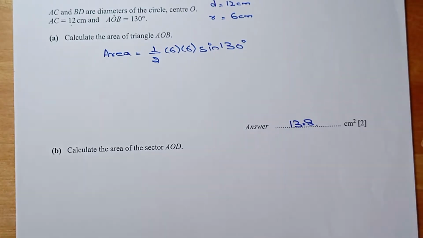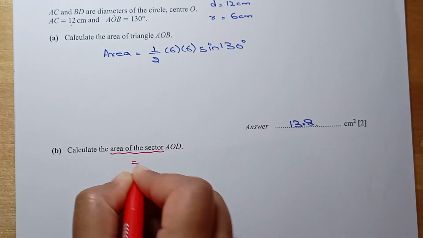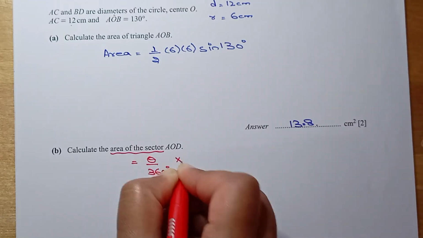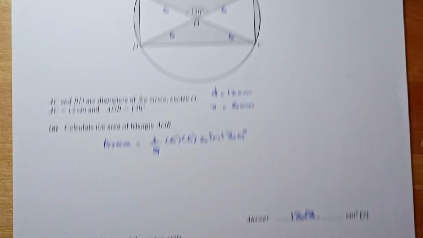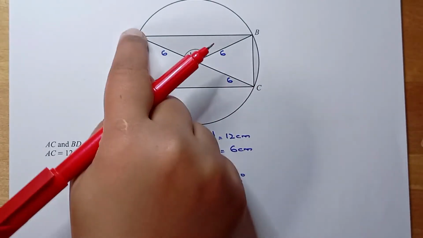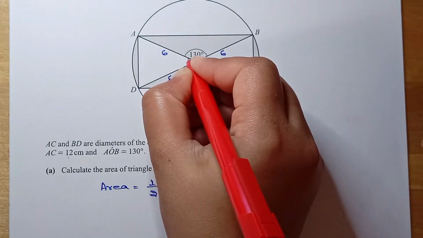Now for part B, calculate the area of the sector AOD. The area of a sector is theta over 360 times pi r squared. We have the sector AOD, and the radius we know is 6, so first we need theta.